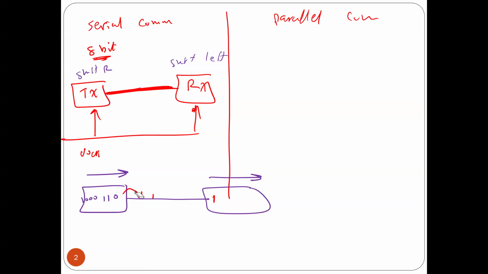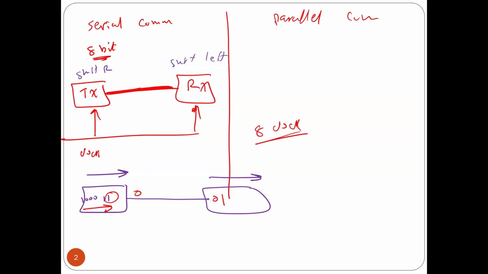Now the next one is 0. Another clock, I put 0 here, and then you shift this one. It becomes 0 and 1. We are transferring the data serially, bit by bit. That means I need 8 clocks, because every clock I transmit 1 bit. After 8 clocks, I will have transmitted the 8 bits. So every clock, I output 1 bit from here, and you input 1 bit. Make sense?